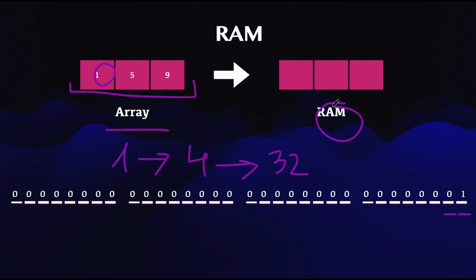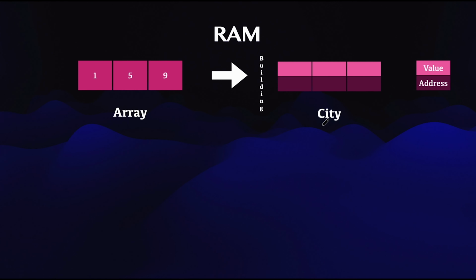But how do we store information there? That's our next question. So let's imagine a city with many buildings, like that. Each building represents a location in RAM where data can be stored. So the buildings are like containers that can hold different pieces of information, values, such as numbers or words.